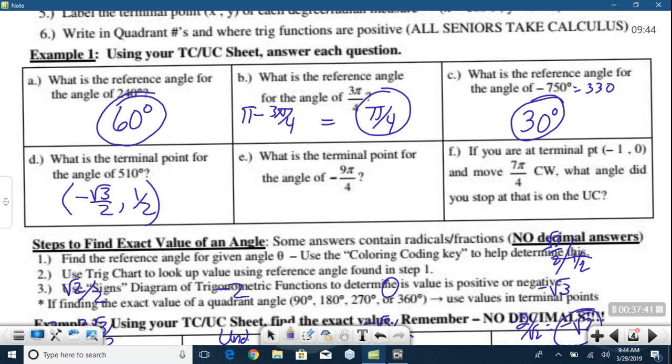What is the terminal point for the angle of negative 9 pi over 4? I need to find the coterminal, right? What's the coterminal angle for negative 9 pi over 4? 7 pi over 4. What do you notice whenever we do the coterminals for radian measurements? Does the denominator ever change?